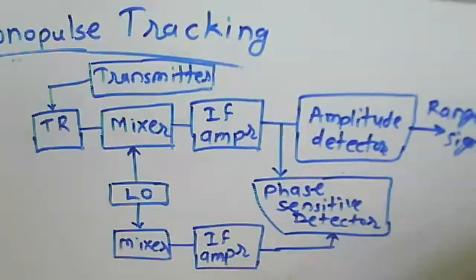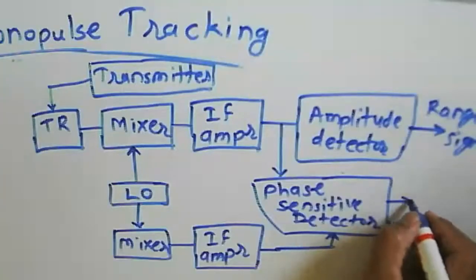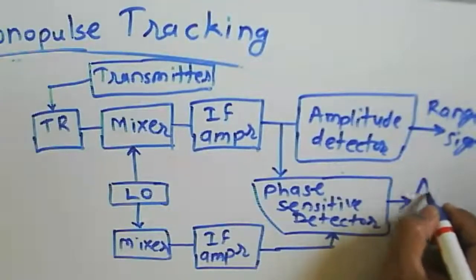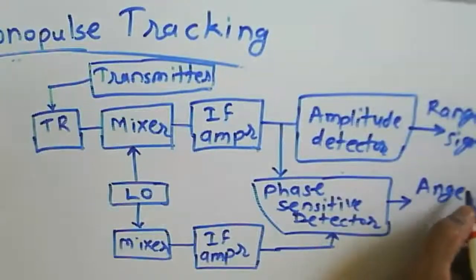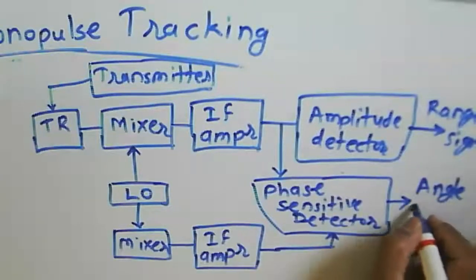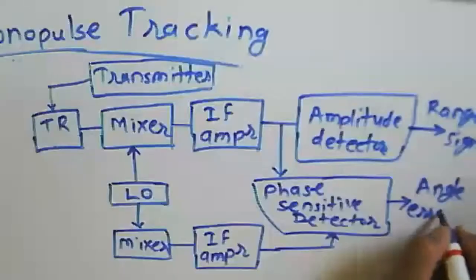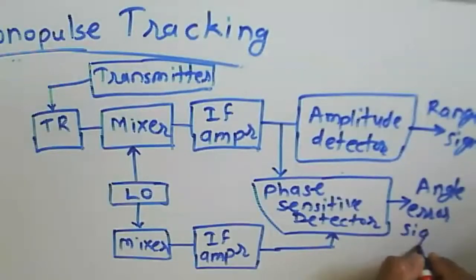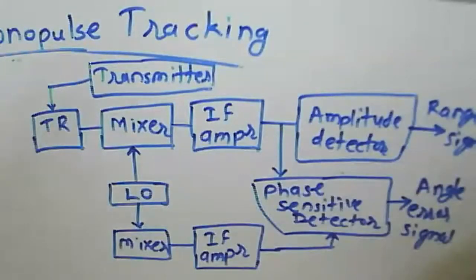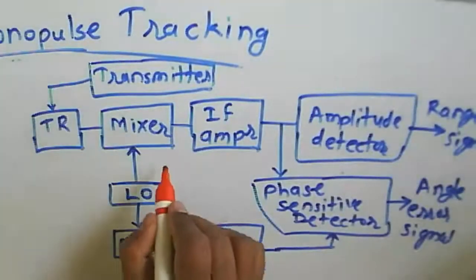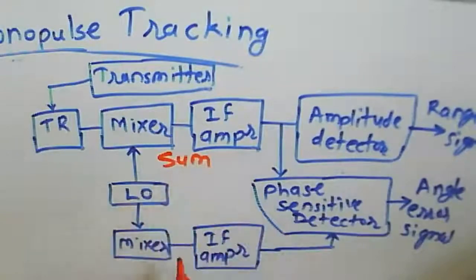That is given here, and the phase sensitive detector will provide the error, which is the angle error. Now this one is the sum channel, and this one is the difference channel.